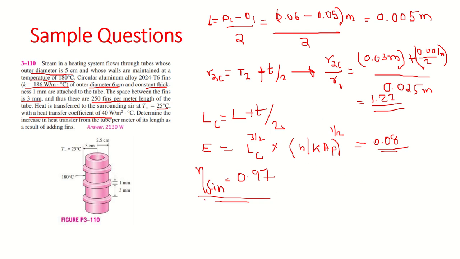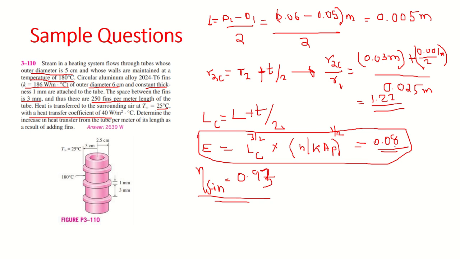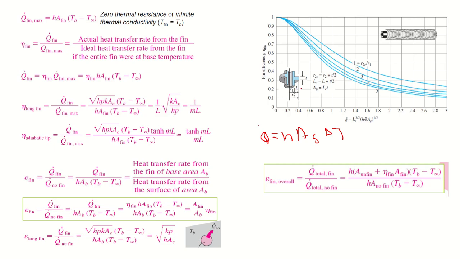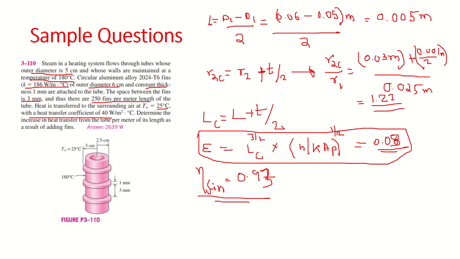Okay, so that is how you find the effectiveness, or you call it efficiency. It will not be around 0.8, it is something less than that. The efficiency was correct, but this value you have to double check. It should be around 0.4 something, if I'm not mistaken, 0.3 or 0.4.